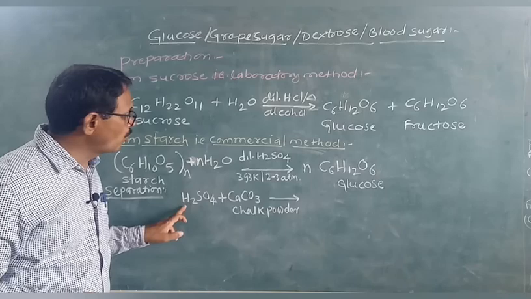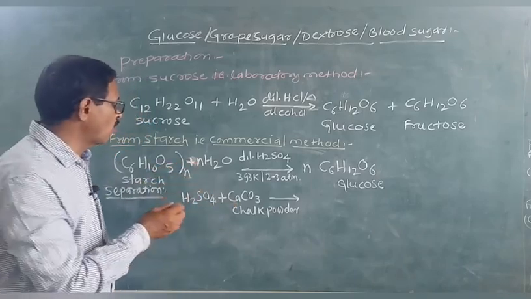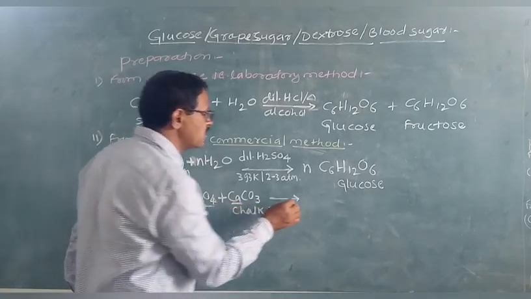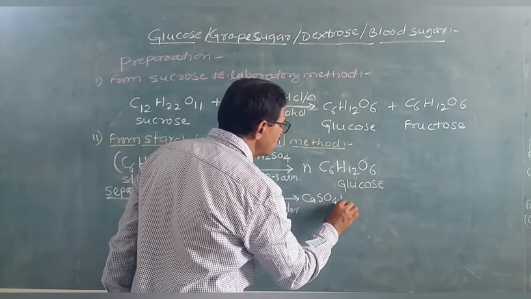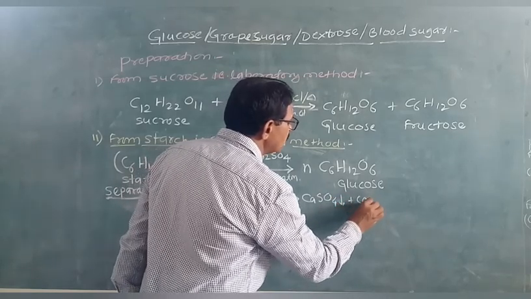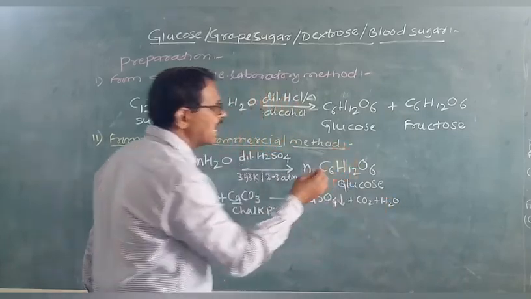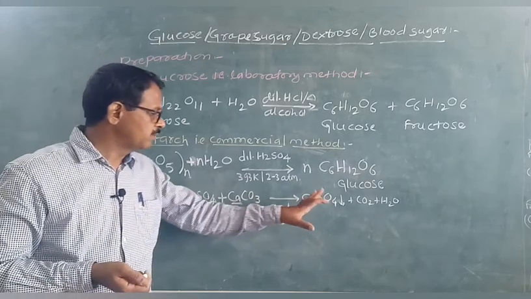Here the H2SO4 present in that mixture reacts with calcium carbonate and is converted into calcium sulfate, CaSO4, which is a precipitate, plus CO2, the gas that is given out, and H2O molecules are also formed.